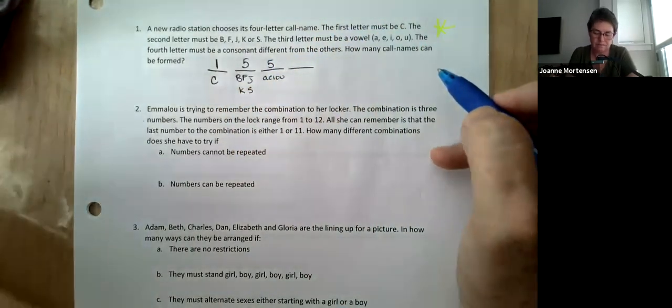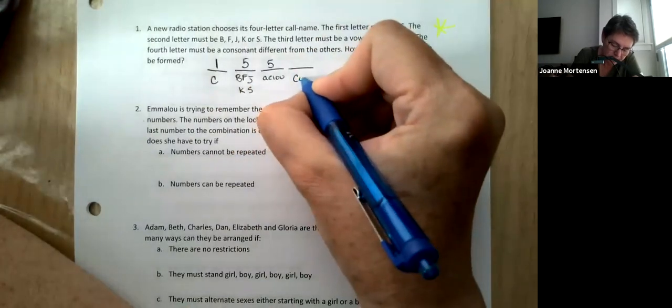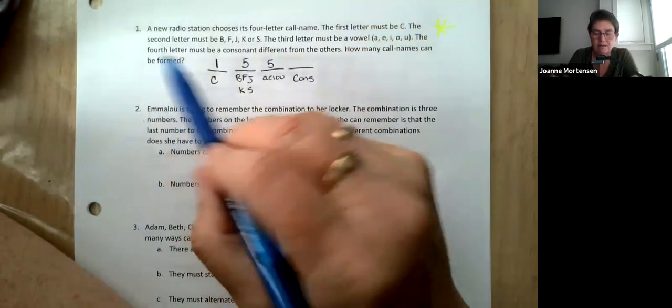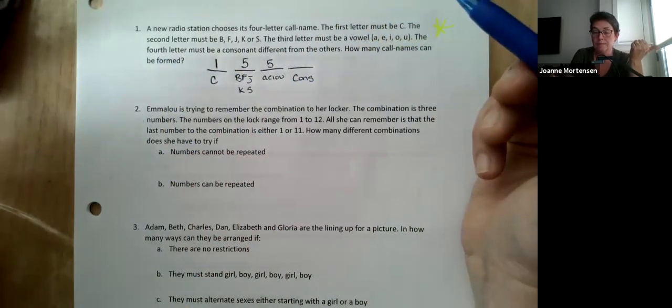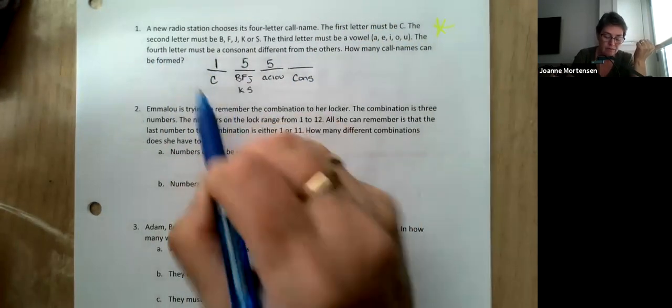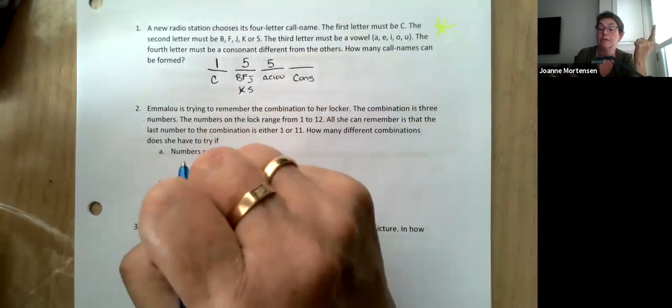And now this one has to be a consonant, but not the ones we've already used. So we've already used a C for sure. That was number 1. We've used one of these, let's say it's the K. So that's 2 that are gone for sure.